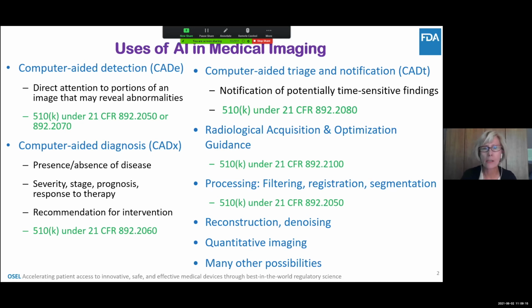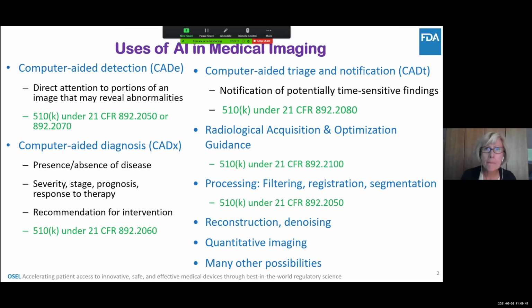Moving on from that, we have a lot of devices that we are starting to allow to be on the market that go a step further and allow for classification of areas of an image. For example, determining that the ROI has disease or doesn't, or even make a recommendation for intervention. You can find more about how we code those and look for those in that reference there.